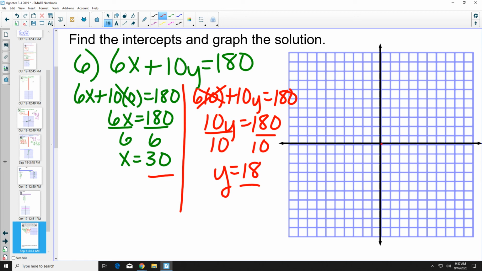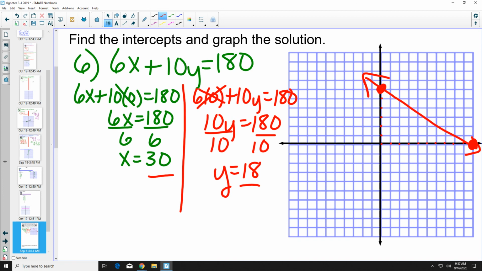So this would be 0, 3, 6, 9, 12, 15, 18, 21, 24, 27, 30. There would be my x-intercept. It's where it crosses the x-axis. If I count by 3s on my y-axis, this would be 3, 6, 9, 12, 15, 18. There's my y-intercept. So here would be my line.